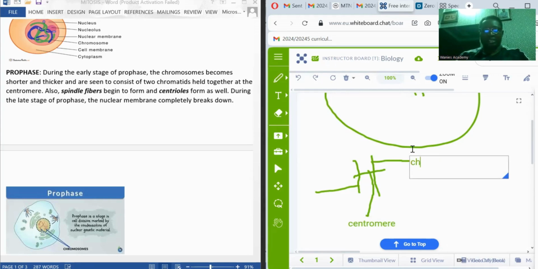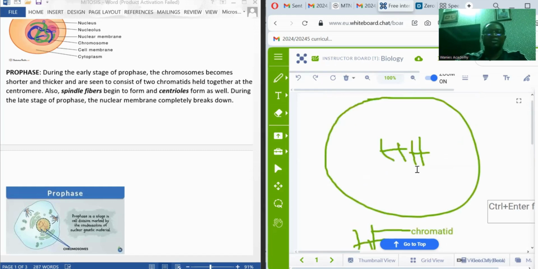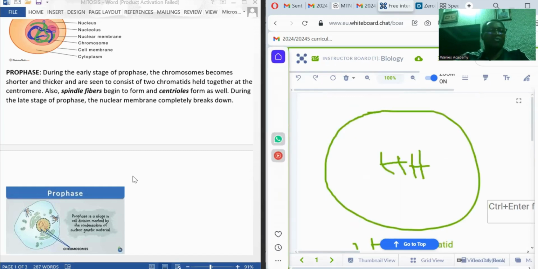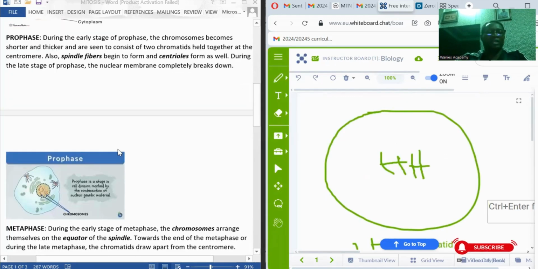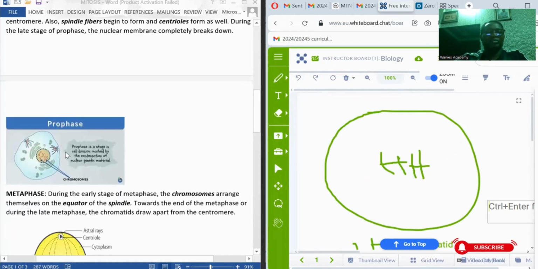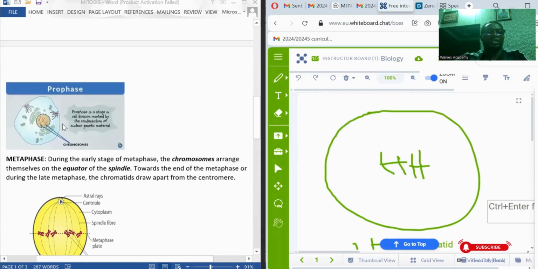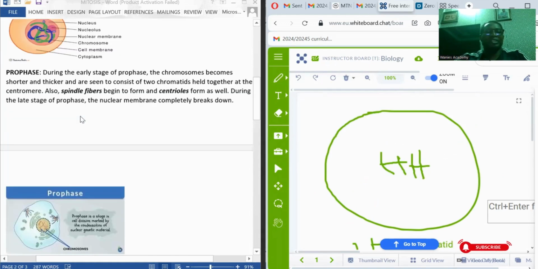This is the chromatid or daughter cell. Now, during the prophase of mitosis, the nuclear membrane disappears to show a visible chromosome.